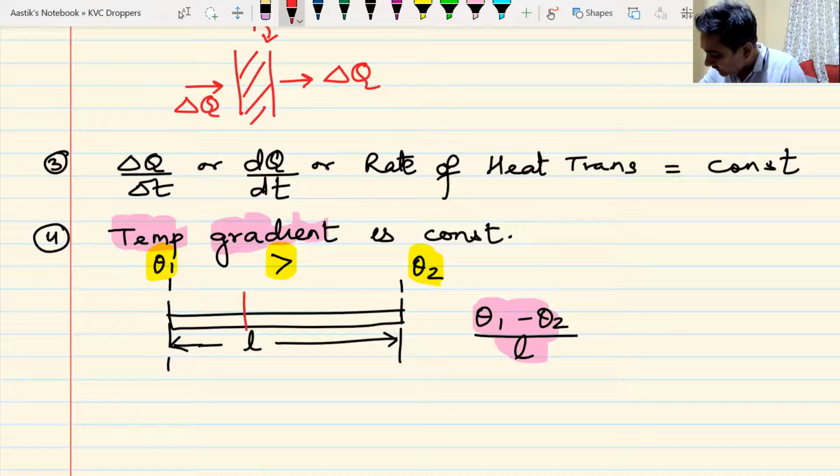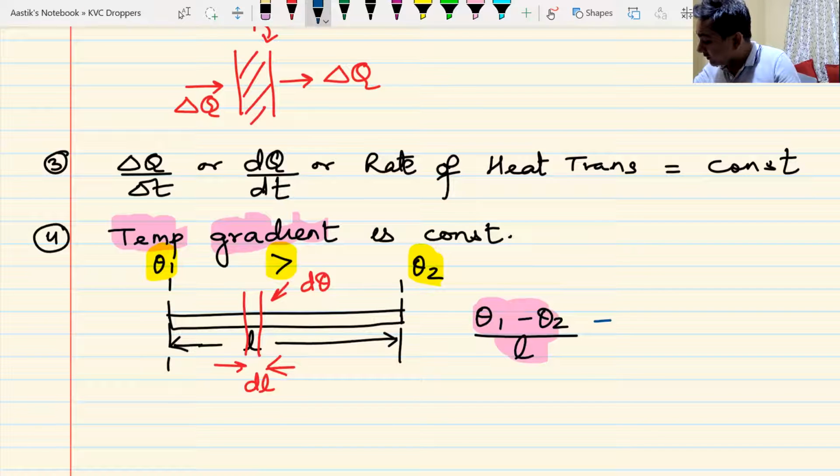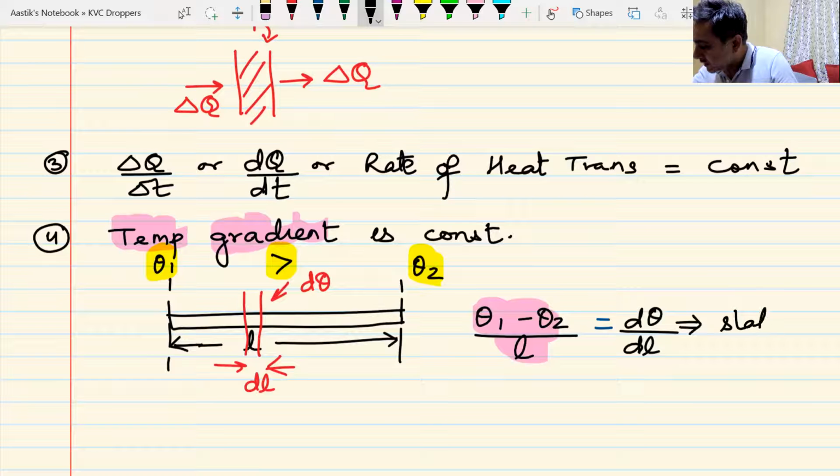If I take a very small section, this very small section has a length dl, and a small temperature difference of d theta, then I can say that the gradient will be equal to d theta by dl when the body comes in steady state.